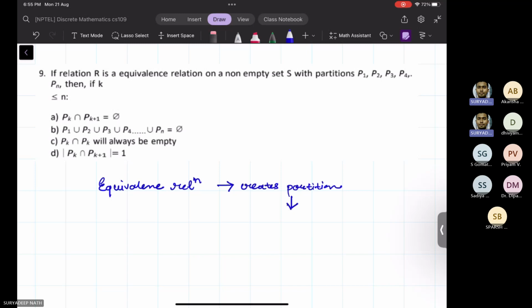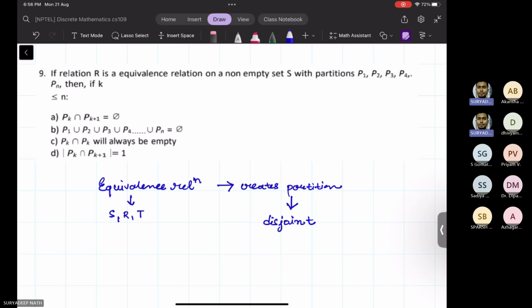Can anyone tell me the partitions created by an equivalence relation? They are disjoint, right? They are disjoint. So an equivalence relation means it is symmetric, reflexive, and transitive, all three, and it creates disjoint partitions.